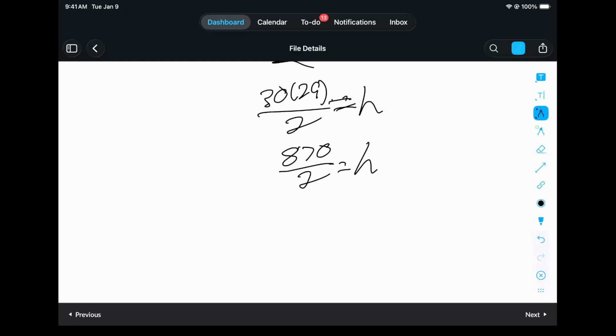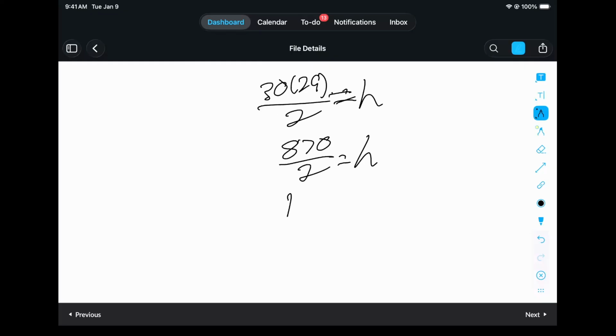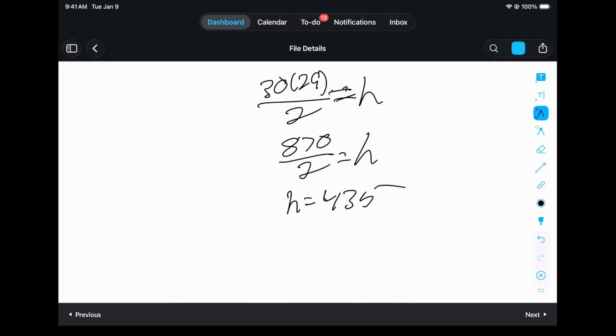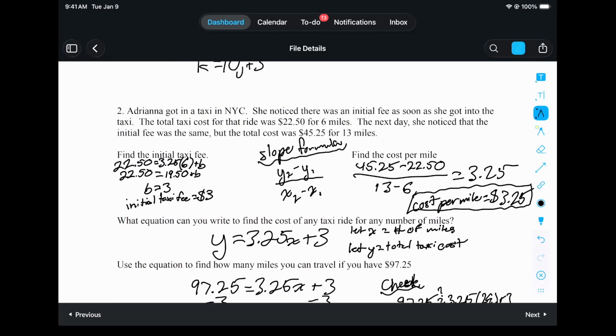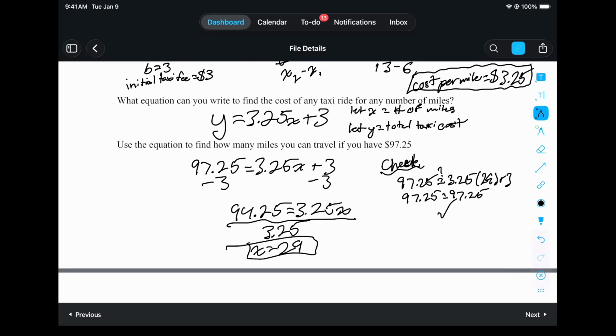870 divided by 2 is H equals 435. This is a word problem. So, actually, the other one was a word problem too. Gotta remember that these are word problems, so you gotta answer in a sentence.